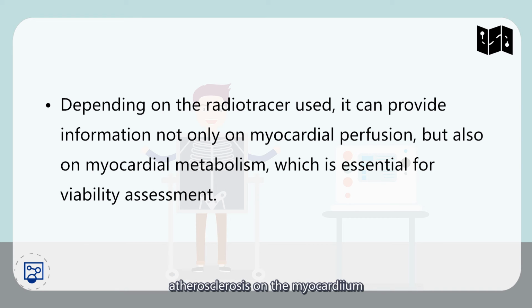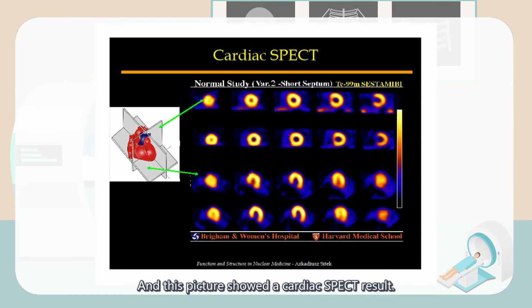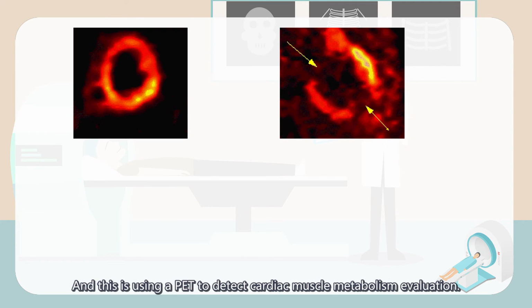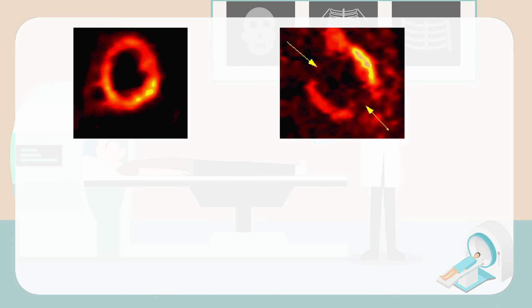And this picture shows a cardiac SPECT result. You can see we use technetium-99m labeled MIBI to do the cardiac blood perfusion imaging. And you can see the myocardial muscle is living. And this is using PET to do myocardial metabolism evaluation.